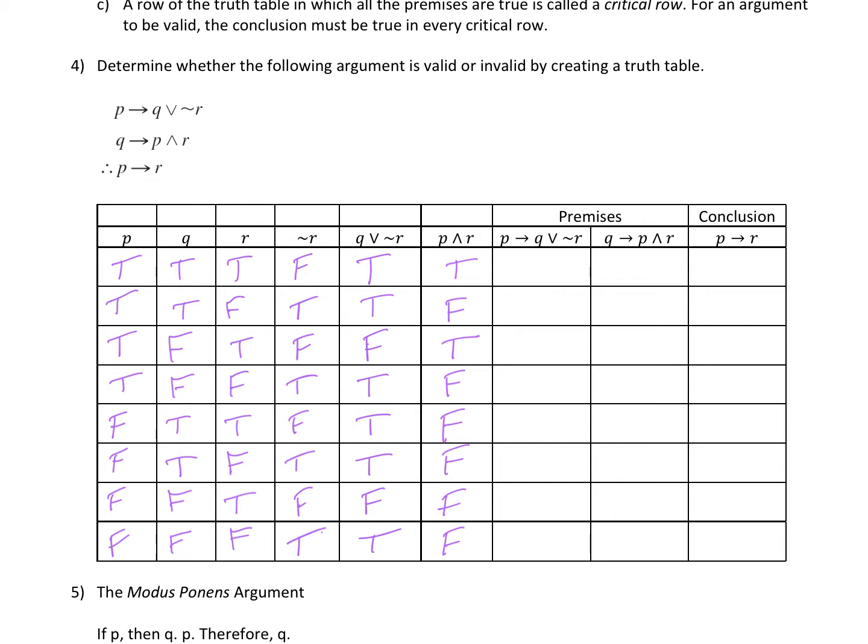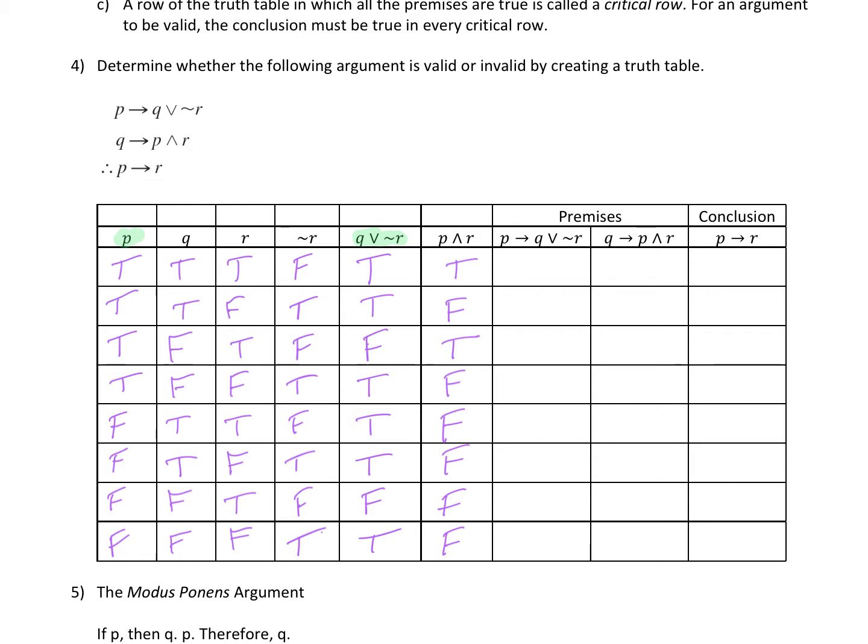And now I can use the columns that I have to build my 2 premises, this whole statement and this whole statement. So P implies Q or not R. So I'm looking at the P column and the Q or not R column. I'm looking for an implication, and an implication is false only when the if part is true and the then part is false.